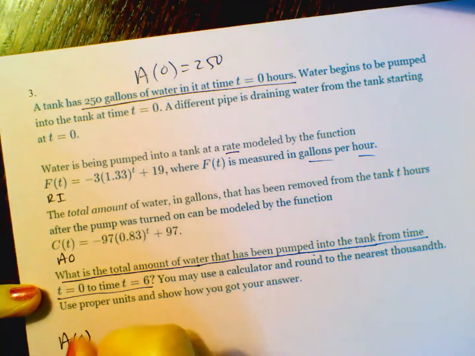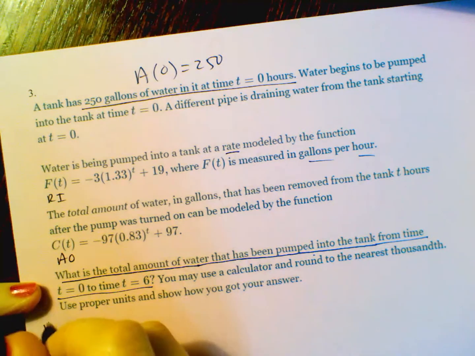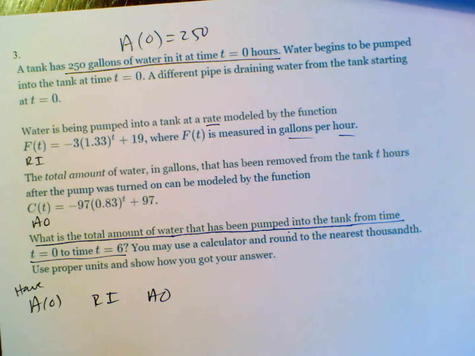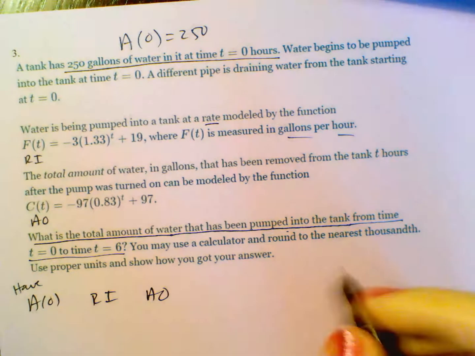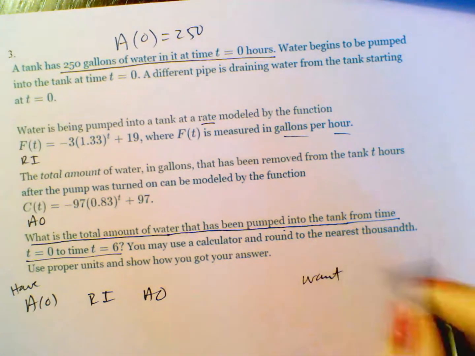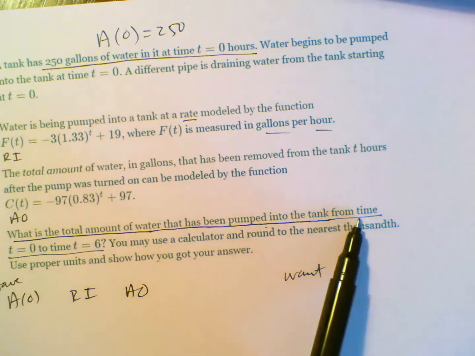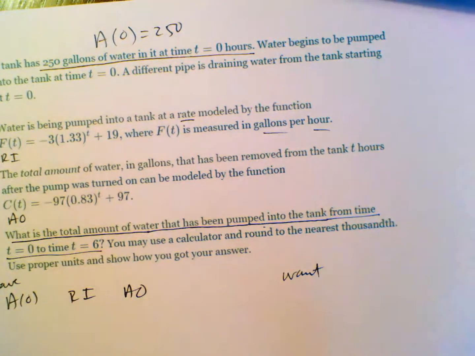I've got this initial amount. I've got the rate at which water is being pumped in, and I've got the amount that has come out. And now what do I want? What is the total amount of water that has been pumped into the tank from 0 to 6?